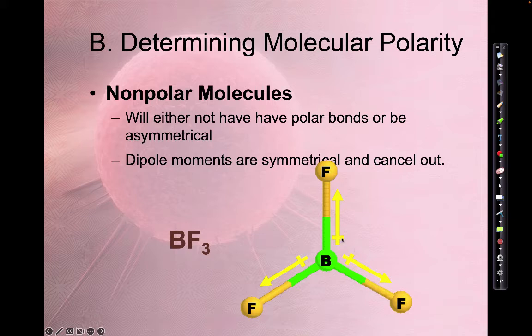If I really wanted to, I could use trigonometry to solve for this, and I would end up with a net dipole of zero, but that is beyond the scope of this course. So I'm going to tell you which shapes are going to be symmetrical. The shapes that are symmetrical lead to a nonpolar molecule.